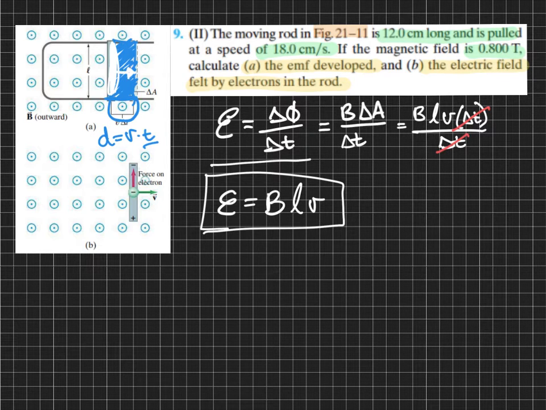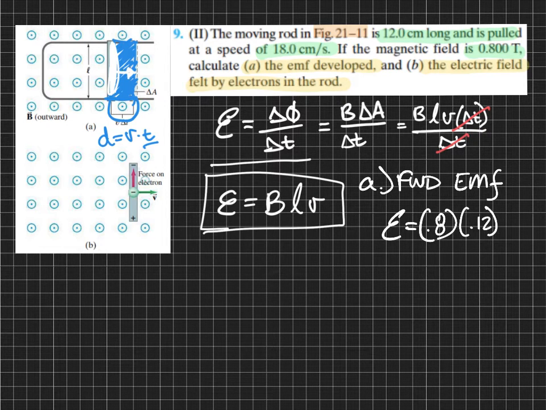The first thing we're going to do is find our EMF. We're going to simply use the equation that we just developed. So our EMF is going to equal our magnetic field, which is 0.8, times our length, which is 12 centimeters or 0.12 meters, times our velocity, which is 0.18 meters per second.